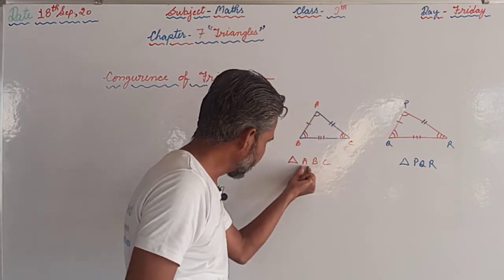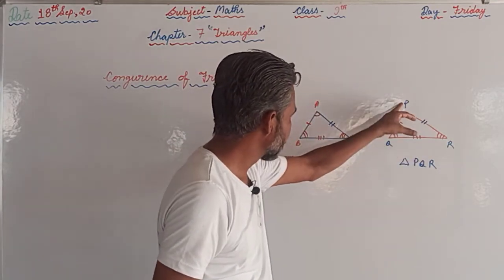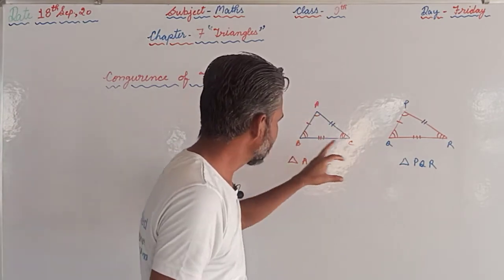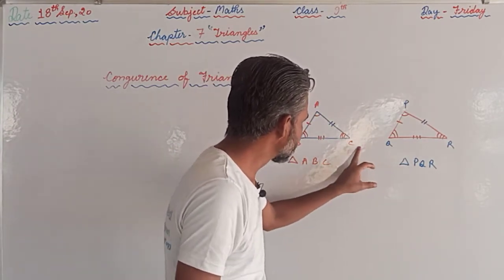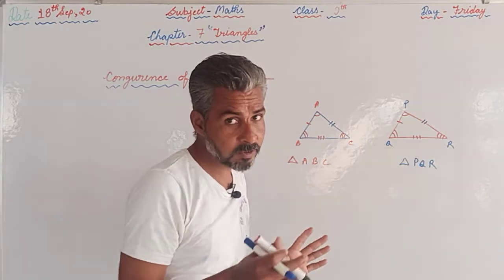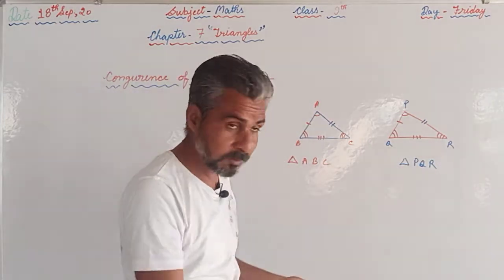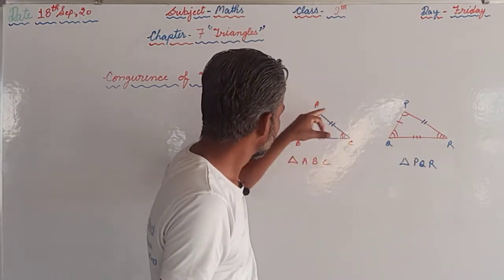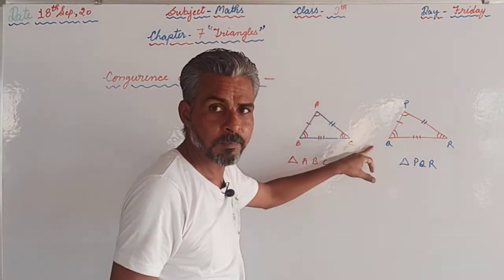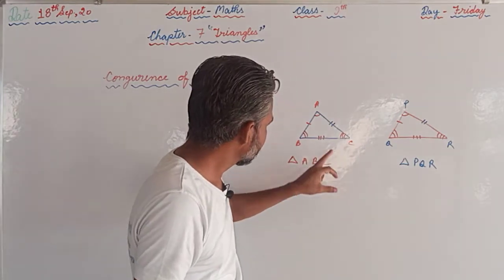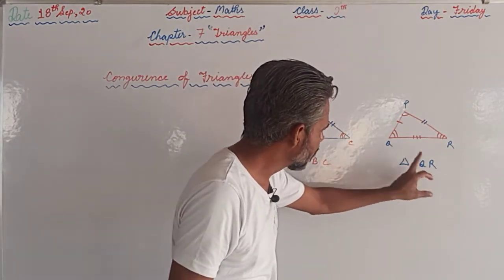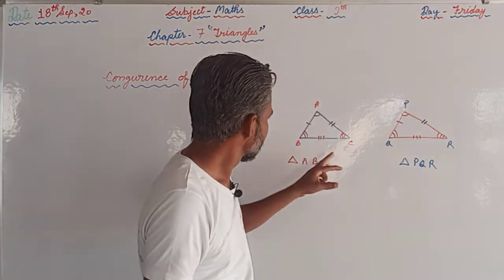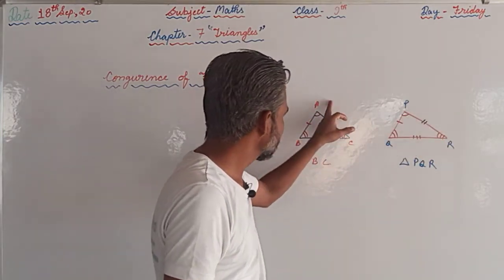First coming here A, so A equals P. Second one B equals Q, C equals R. So the position is also important. Corresponding angles should be equal. Then AB equals PQ, BC equals QR, and then first and last, PR equals AC.